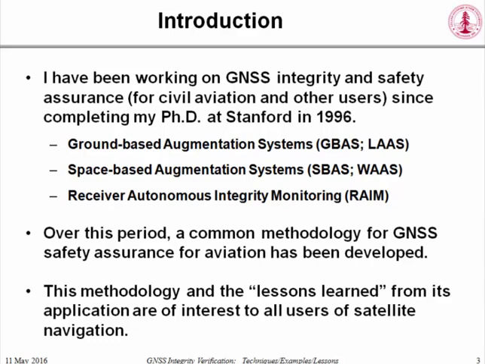In particular, in the past 20 years, we've been working on two different means of augmenting GPS with ground and space-based augmentation, meaning we make measurements on the ground and provide corrections to aircraft or other users. In addition, there's a technique called receiver autonomous integrity monitoring that can be used without corrections. I'll talk mostly about this one today.